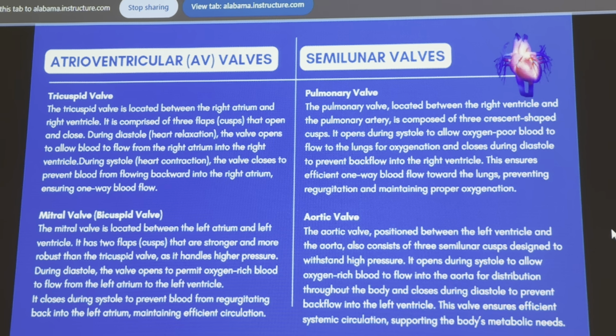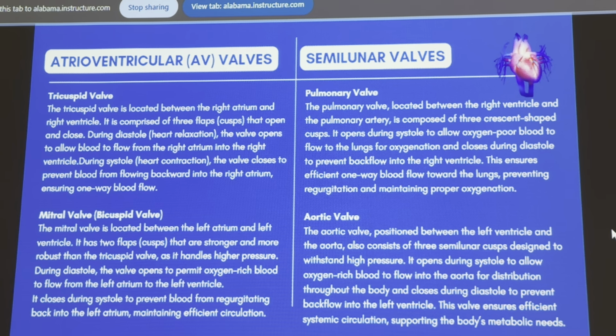It opens during diastole, allowing for that blood to flow from the left atrium down into that left ventricle. And then it closes during systole, because as that left ventricle beats, I don't need that blood to backflow up into that left atrium, right? I need it to go forward through that aorta. Our aortic valve is in between the aorta and that left ventricle.